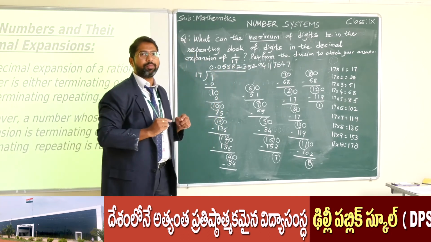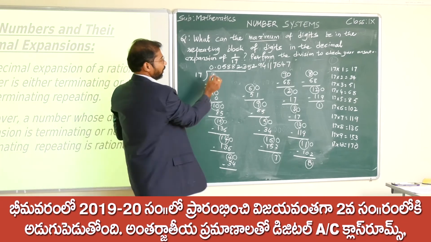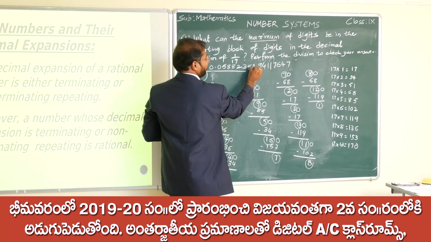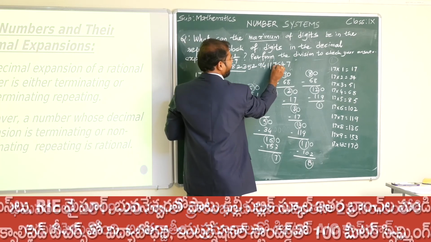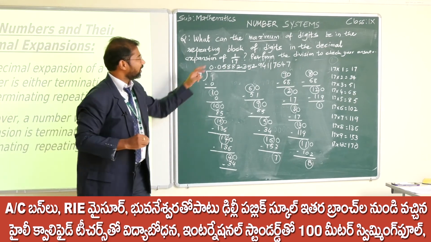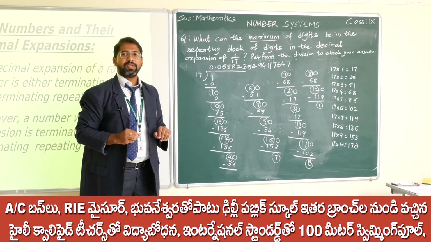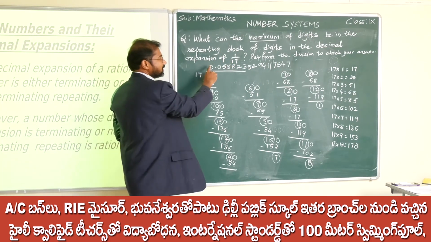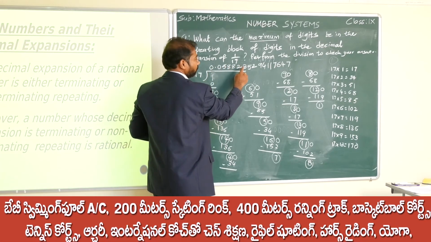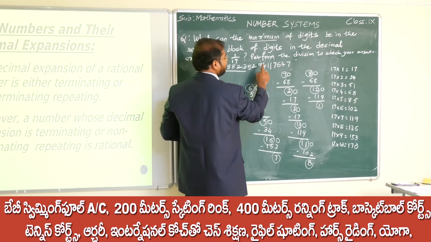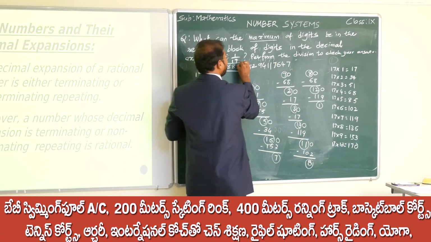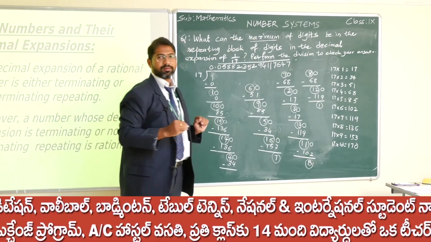Let us count how many digits are there in the decimal part. 1, 2, 3, 4, 5, 6, 7, 8, 9, 10, 11, 12, 13, 14, 15, 16. Therefore, 1 by 17 is written as 0.0588239411767 bar.